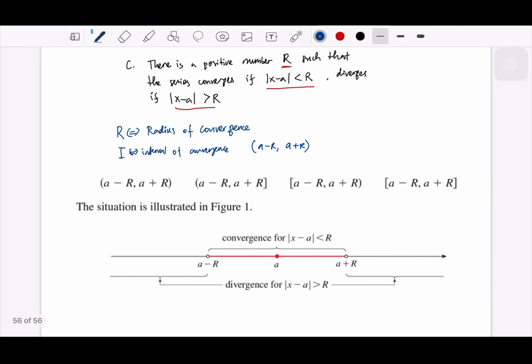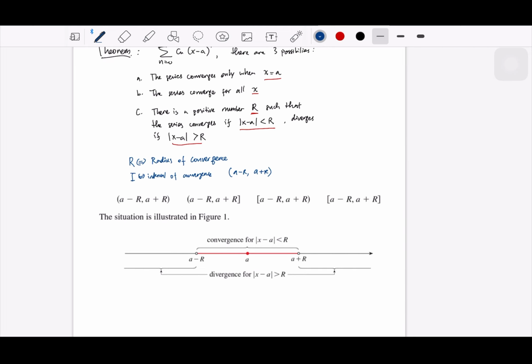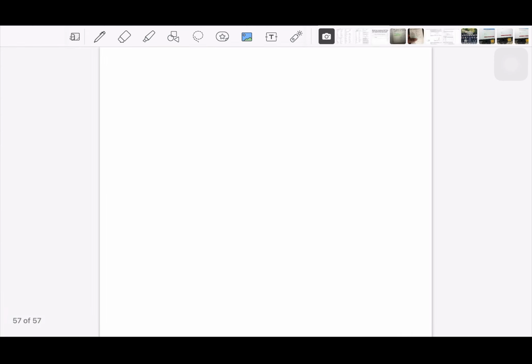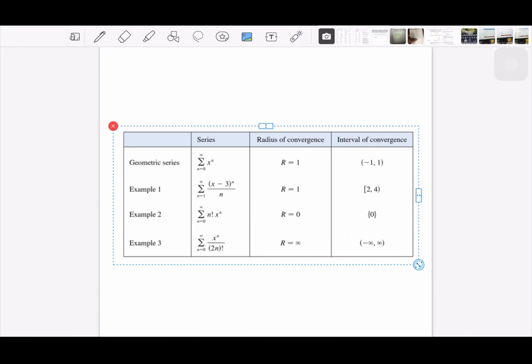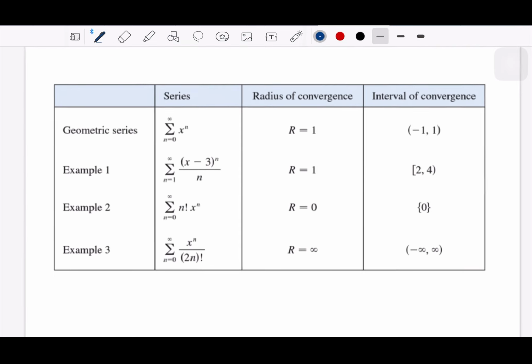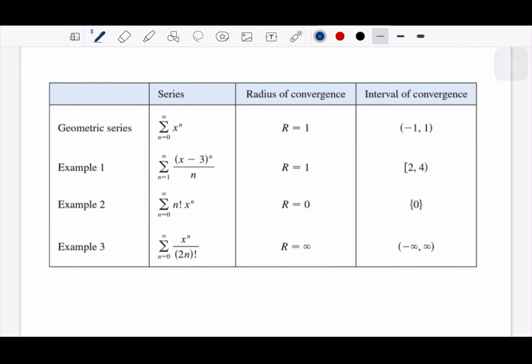And we may have some summary for the examples that we did before. If we take the picture, now if you look here, the radius of convergence is 1. You may conclude this radius from the form.